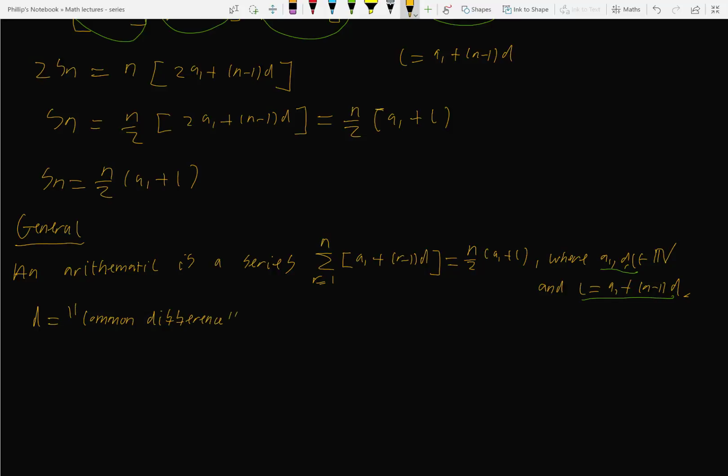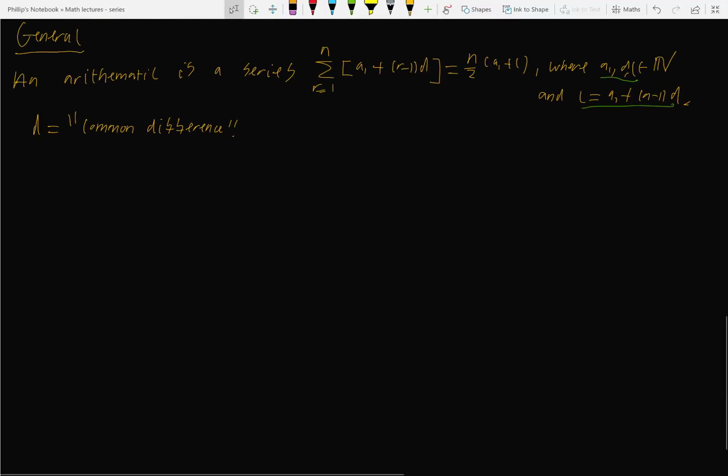It's a more interesting way of defining it, really, because we've got the solution to any arithmetic series now as well. So let's have a look at our example again. We've got the sum from r is equal to 1 to n of r. What is that equal to?